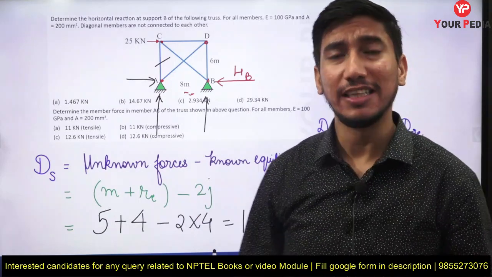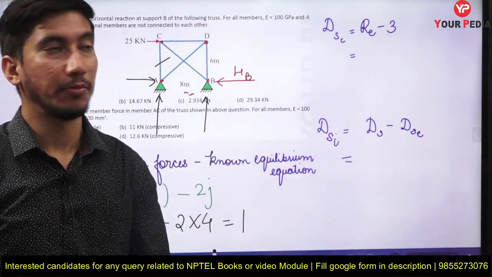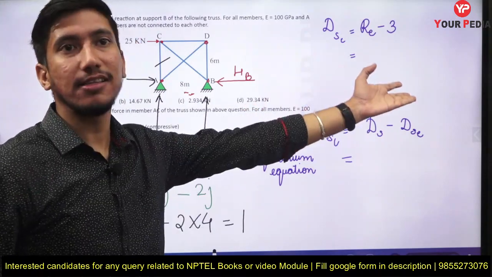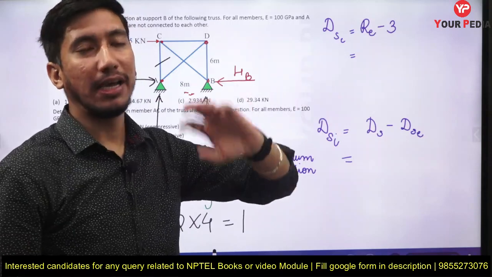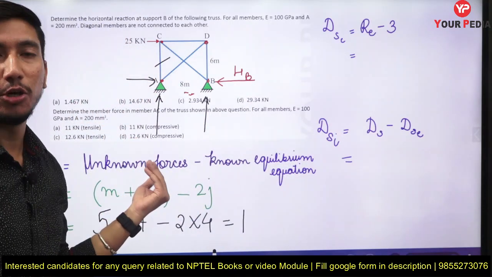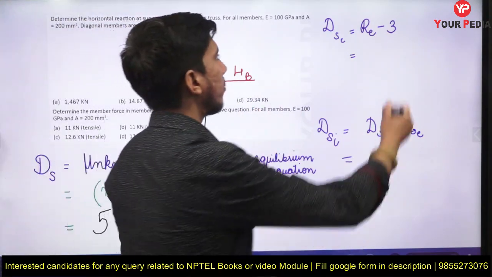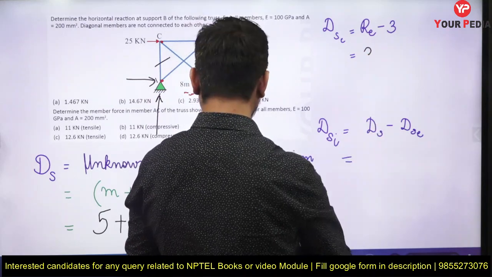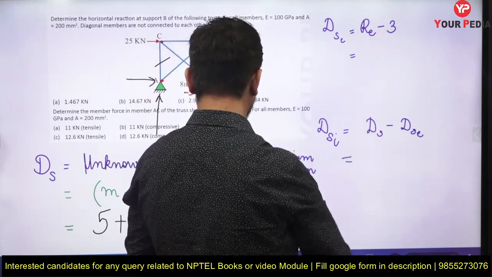So this structure is basically statically indeterminate. Now we have to check whether it is externally statically indeterminate or internally statically indeterminate. So we have to find the external statical indeterminacy also, which is number of support reactions minus available number of equilibrium equations. In this case, the available number of equilibrium equations are 3 only. So I have directly written 3. So here number of external reactions are basically 4.